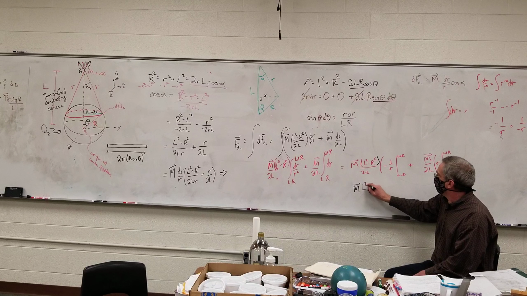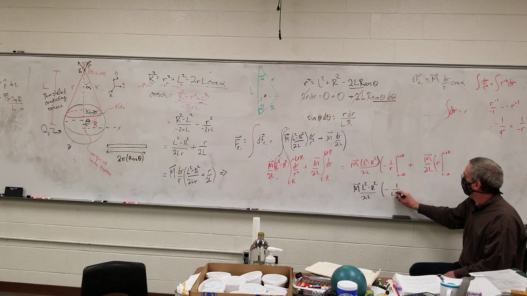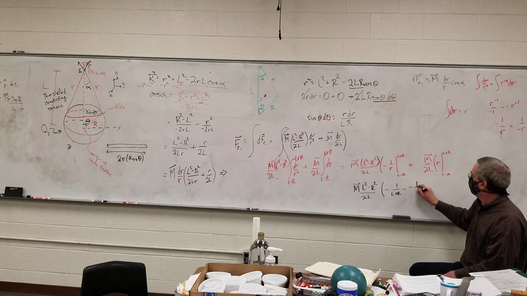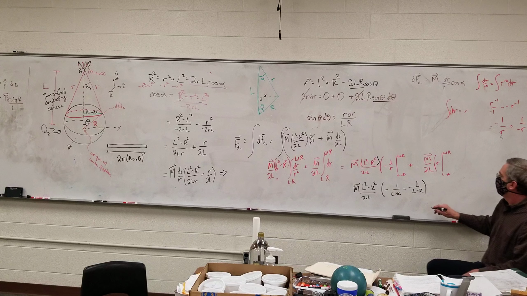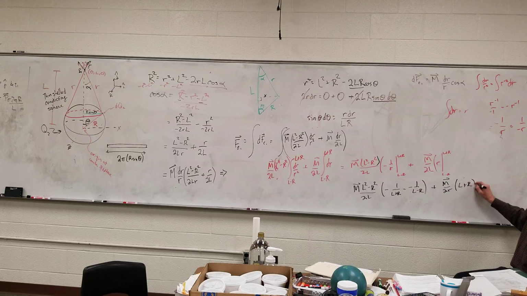So M (L squared minus R squared) over 2L times negative 1 over (L plus R) minus negative 1 over (L minus R), plus M over 2L times (L plus R) minus (L minus R).